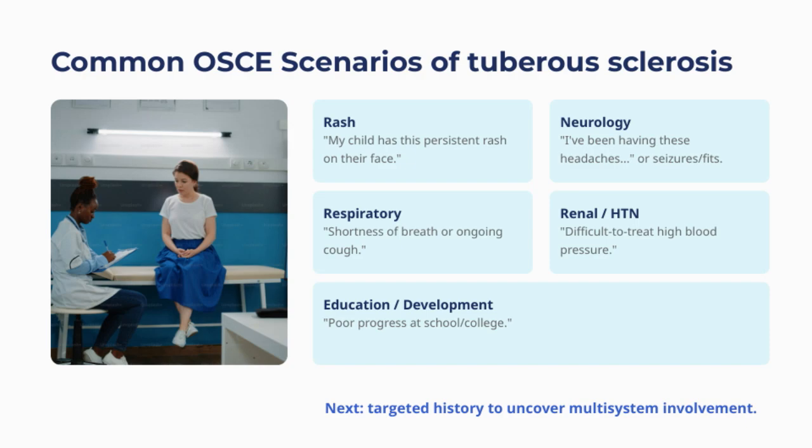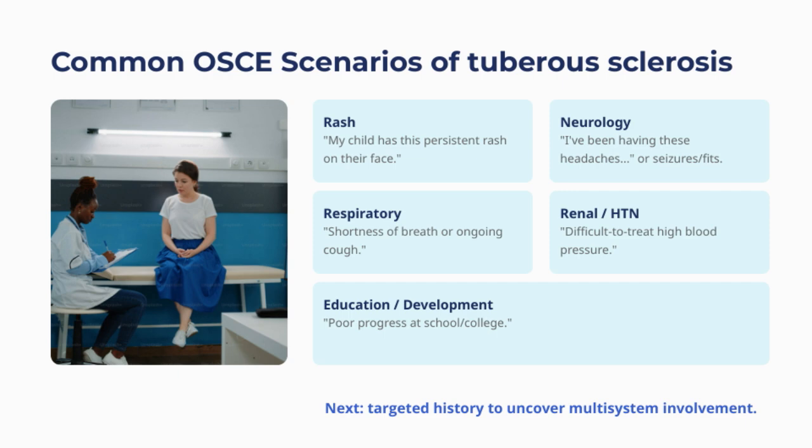When taking the history, it's important to consider several key areas. For example, if a child has poor progress at school or college, that could be a sign of neurodevelopmental issues related to the condition. In the renal and hypertension category, difficult-to-treat high blood pressure is a common concern, often linked to renal involvement.